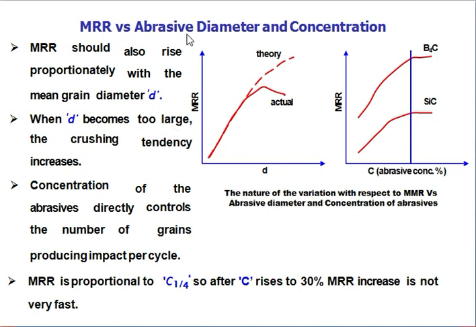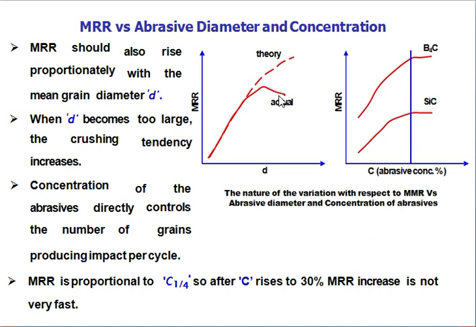How MRR versus abrasive diameter and concentration is basically helping you. You can see this is the MRR, this is the diameter. Theoretically it is getting increased, but actually after a certain point, after increasing, it decreases a little bit.